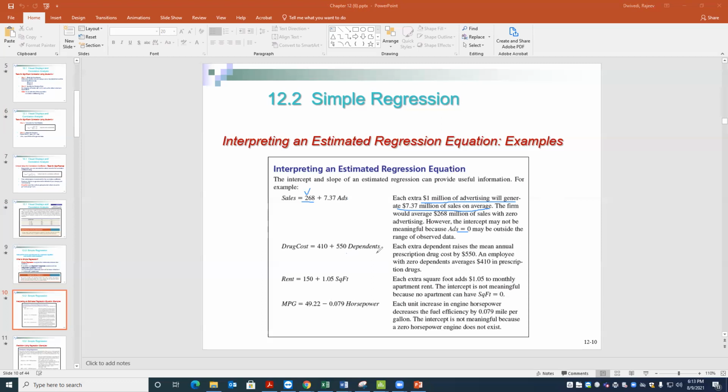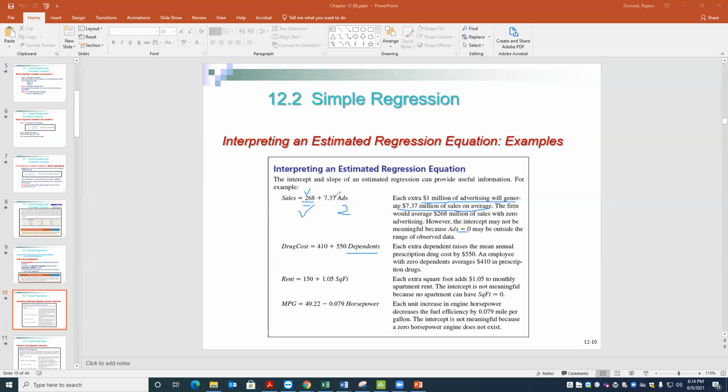If I put in advertising of 2 million, how much would the total be? 7.37 times 2, which is almost 14.5 million, plus 268 million. Even if you put 0 money in advertising, you will get this much in sales.